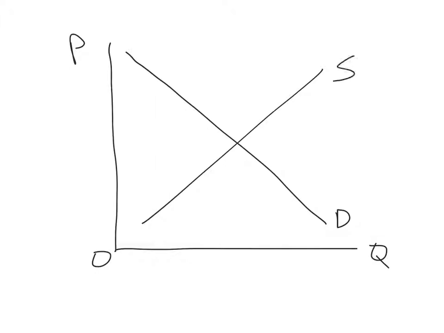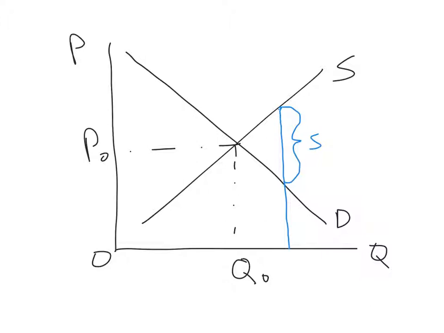And so in this case, the way you analyze a subsidy is somewhat the reverse of a tax. If the market clears initially at P naught, Q naught, and there's a subsidy to poor people, we'll just show what a subsidy to anybody would do. The subsidy would be paid to suppliers by government.